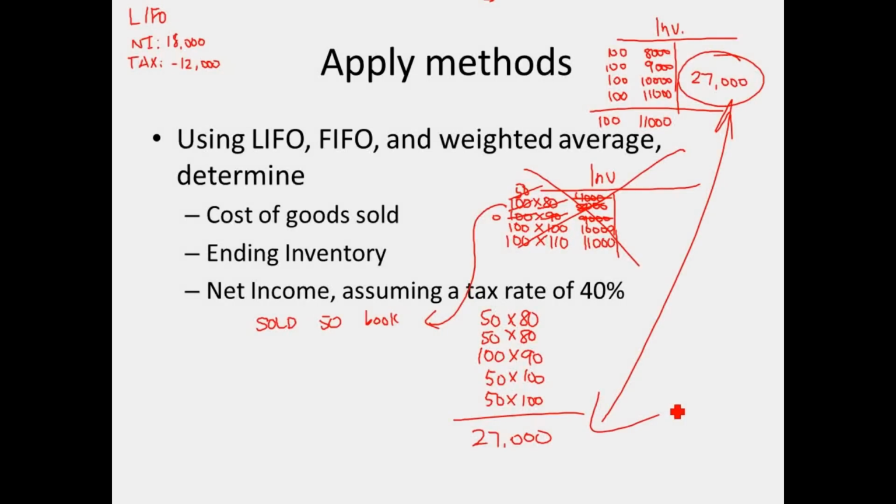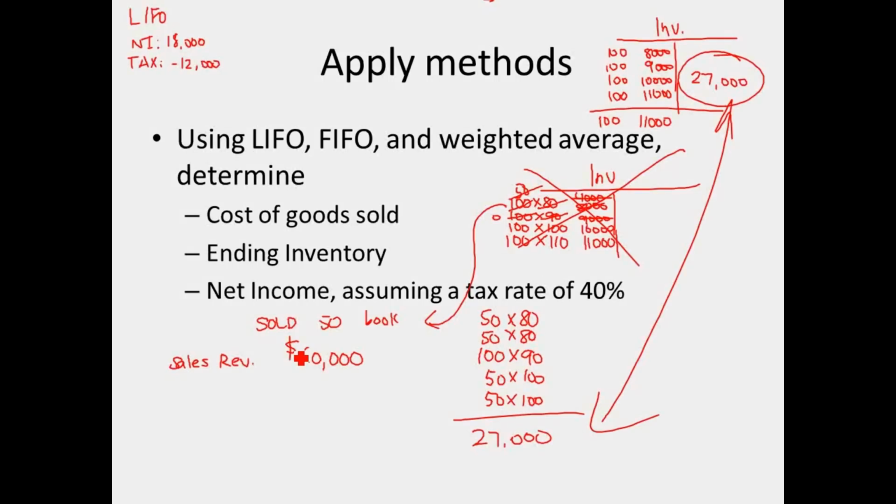Now, what would my sales revenue be for this company? Nothing has changed. I sold books. How much did they cost me? They cost me $27,000. How much did I sell them for? Did it matter whether I used FIFO or LIFO? No, you guys all came in and paid $200 a book.